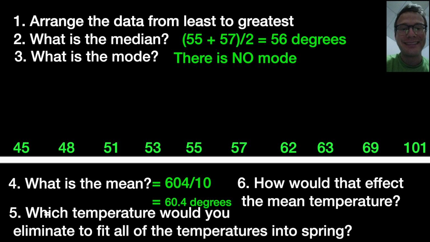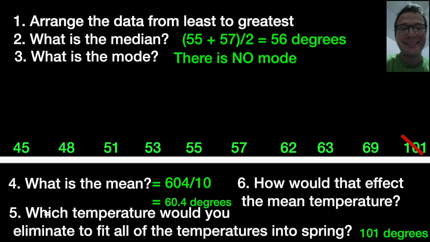So if I look at all these temperatures, they're all kind of ordinary cool weather temperatures except for one of them, 101 degrees. That's pretty crazy hot. That's like Dubai. All right, that's a normal day in Saudi Arabia. Really, really hot. So if we get rid of that number, that's going to affect the mean.